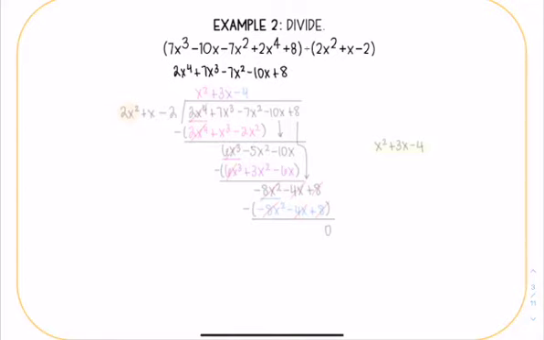That is how we want to write it inside our long division. And then on the outside, we have 2x squared plus x minus 2.